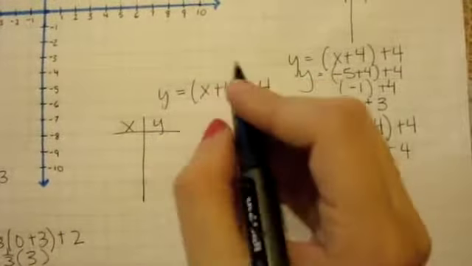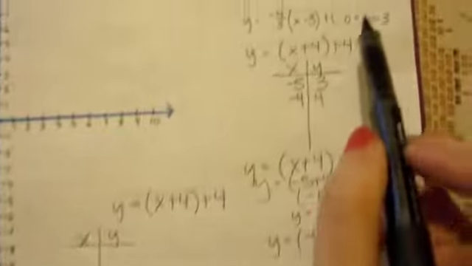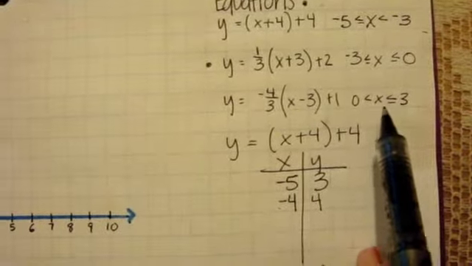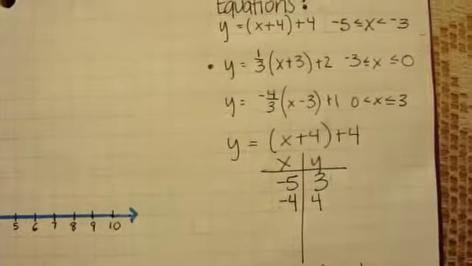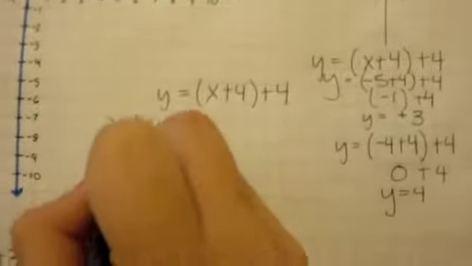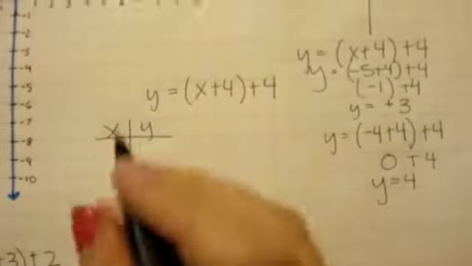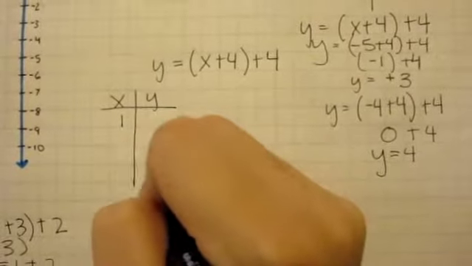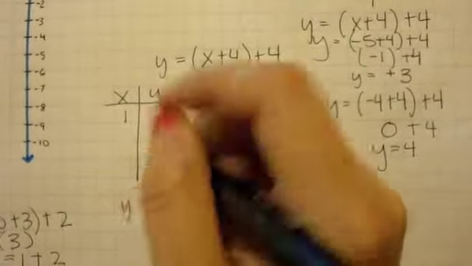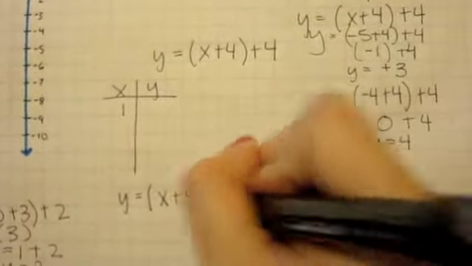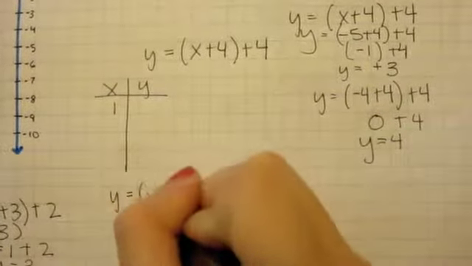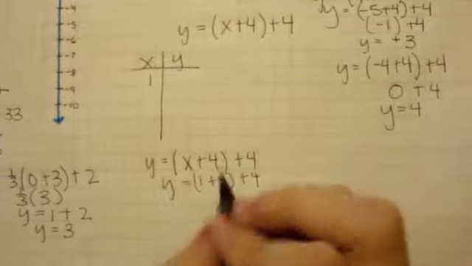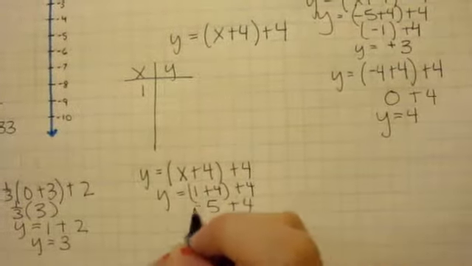And then over here it says that 0 to 3 is the interval, but the 0 is not included. So I'm going to start with the 1. So y equals x plus 4 plus 4. So y equals 1 plus 4 plus 4. And 1 plus 4 equals 5, plus 4 equals 9.